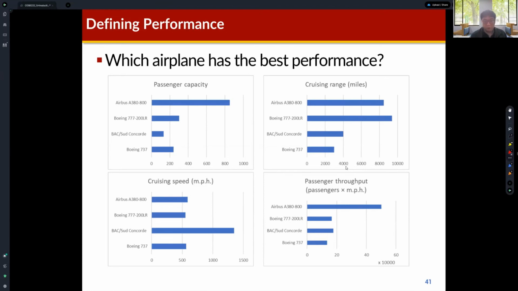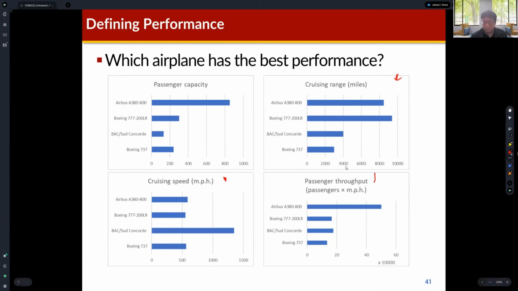If you see this graph, you can find the passenger capacity of various airplanes. This graph represents the cruising range, the distance, and this graph represents the cruising speed of the airplanes.